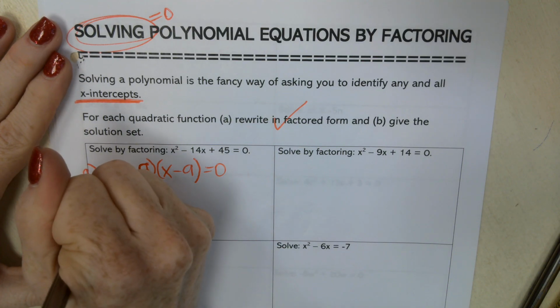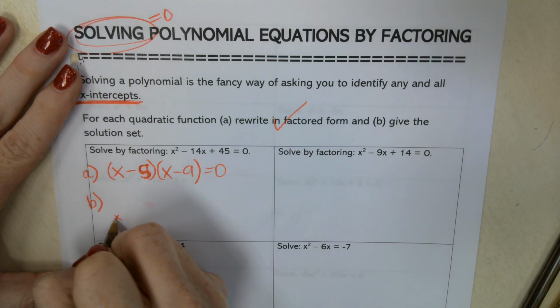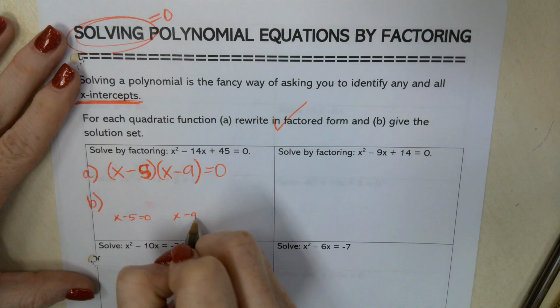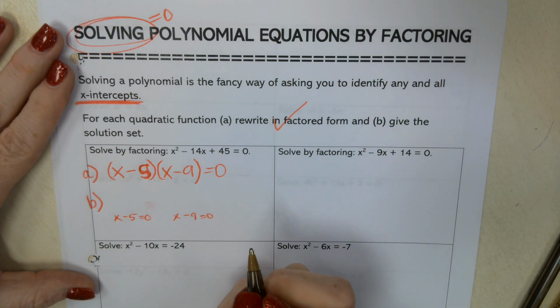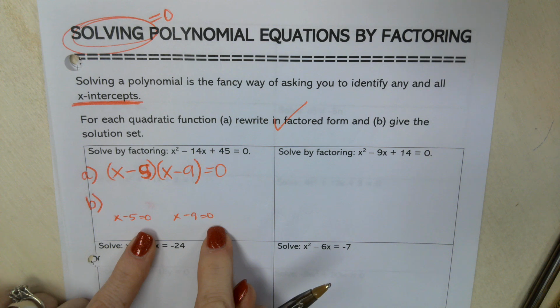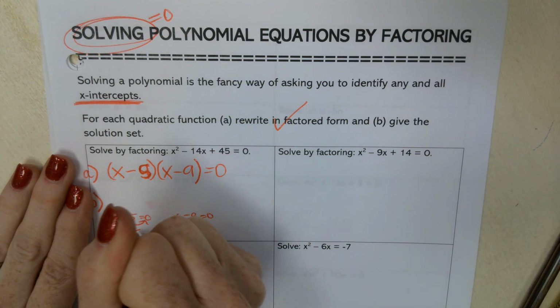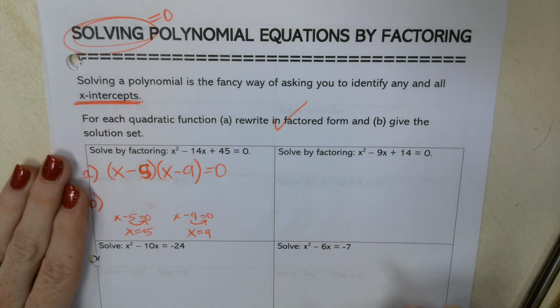Now, for part B, if I want to find the solutions, if you recall from Algebra 1 and Algebra 2, this is where you take your factors, you break them apart, set each one equal to 0, and you solve for x. So right here, x equals 5 and x equals 9.